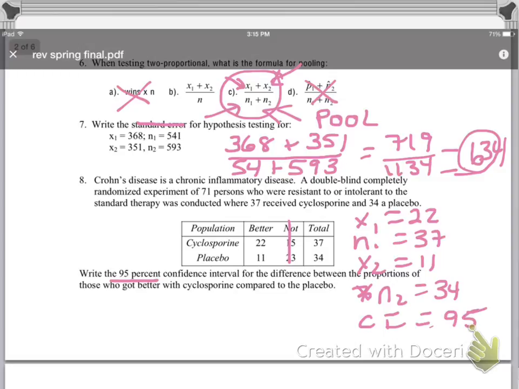Okay, so let me go to my calculator and put that in. And I get 0.4801 to 0.494, 12.